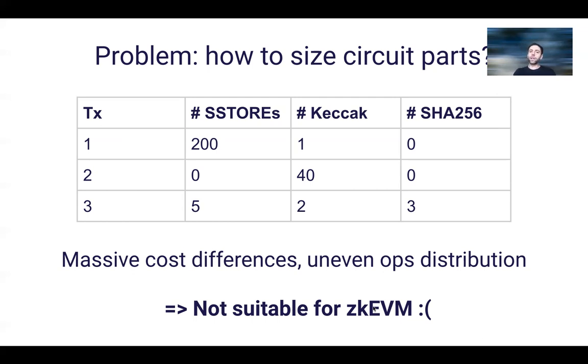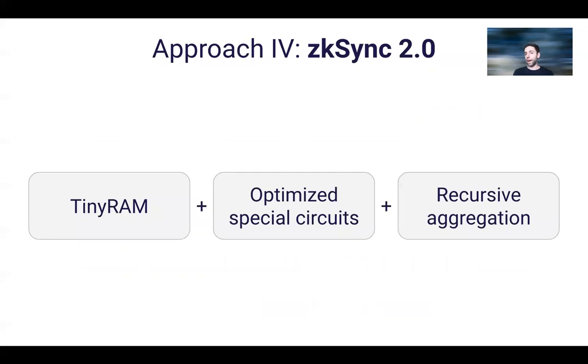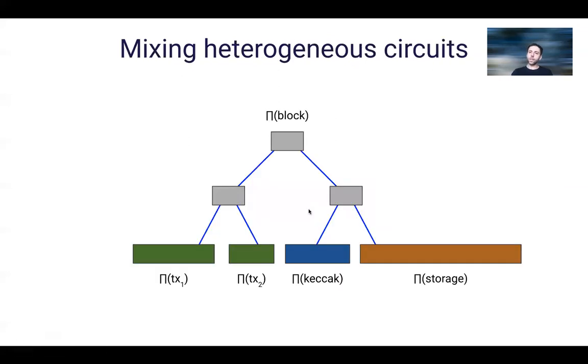And this brings us to the final approach, which we actually implement in zkSync 2.0, which is a combination of TinyRAM, optimized circuits for specific heavy operations, and the recursive aggregation of all of it. And the way it looks is this. We have transactions, like users submit transactions, or smart contracts, in the form of bytecodes.